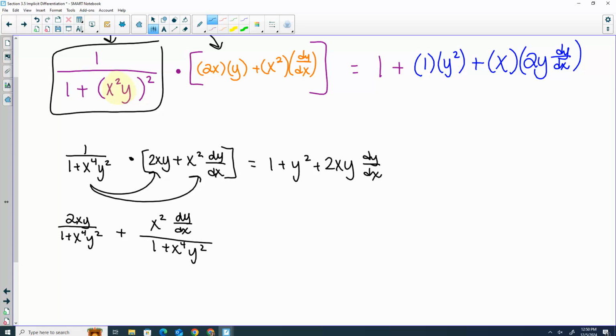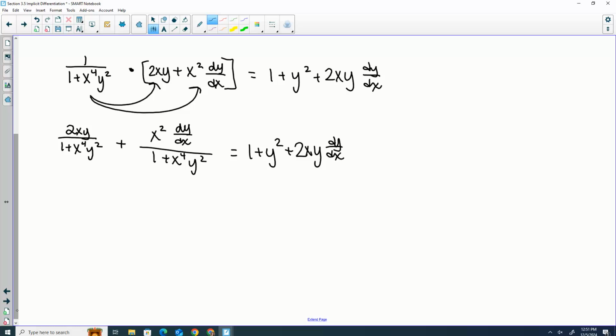I should have skipped a couple more lines. Okay. Not very pretty at all. Maybe worse than usual. Yes.